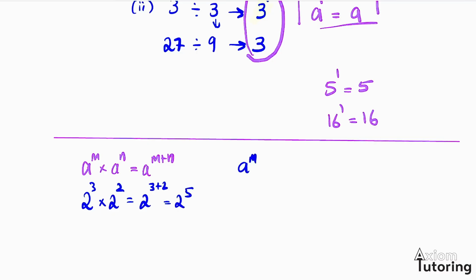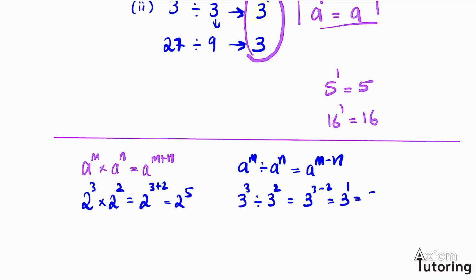A to the m divided by A to the n is A to the m minus n. 3 cubed divided by 3 squared is 3 to the 3 minus 2, which is 3 to the 1, which according to our rule, A to the 1 equals A, is just 3.